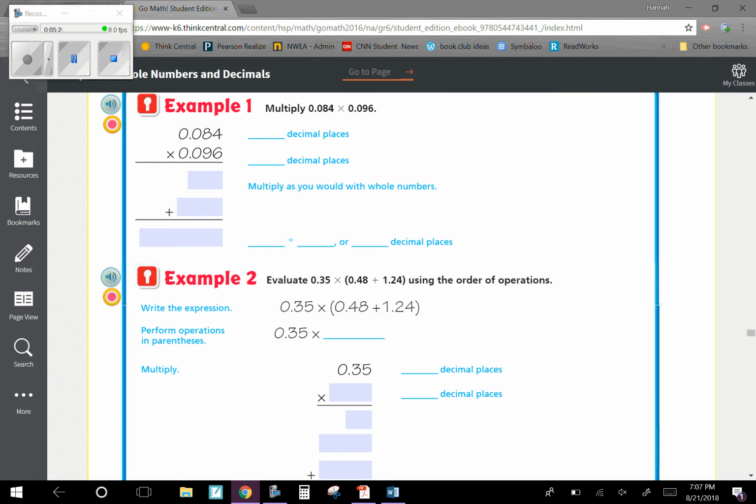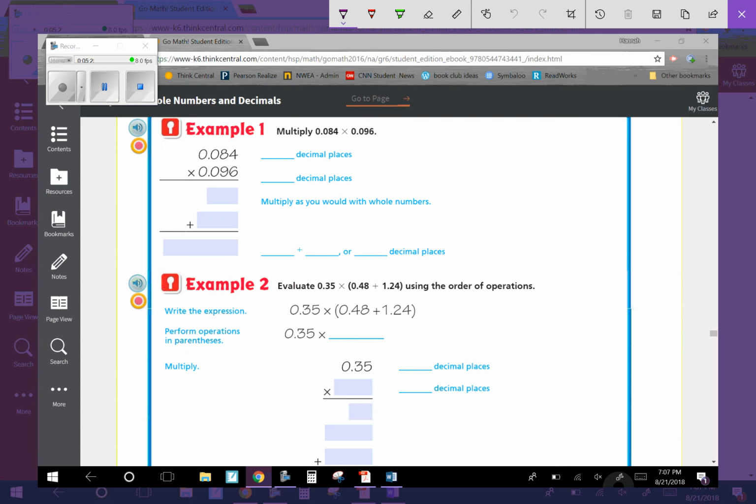So what we're going to do for that is when we multiply, we're going to look at how many decimal places there are. So in this problem, 84 thousandths has 3 decimal places, and 96,000 has 3 decimal places. I'm counting those right here. 1, 2, 3, 1, 2, 3. There's 3 places to the right of the decimal.